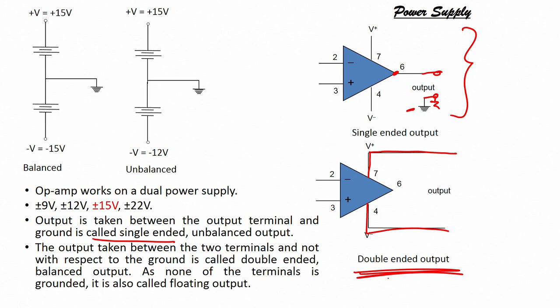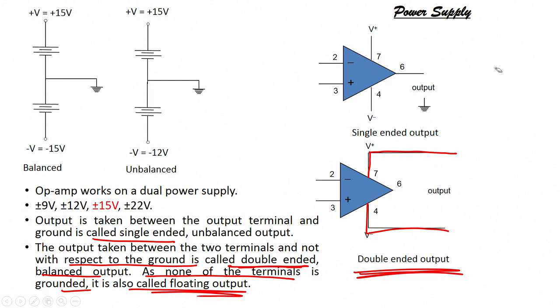So, what is that? The output taken between two terminals and not with respect to the ground is called double ended output or balanced output. As none of the terminals is grounded, it is also called floating output. In single ended output, one terminal is ground with respect to the second terminal, so it is not floating.